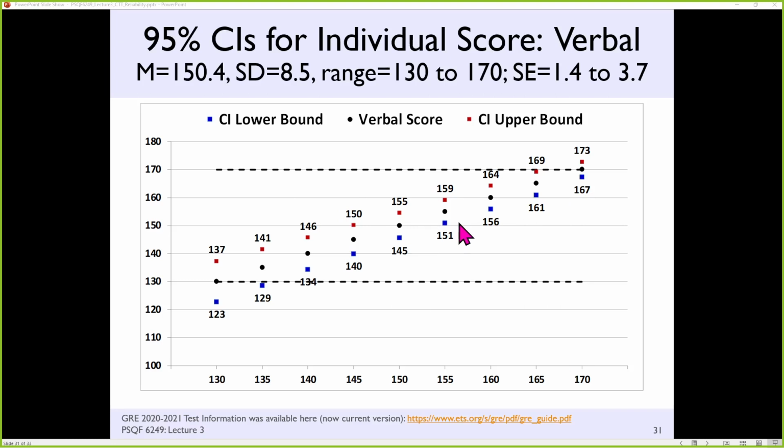Yes, sir? You mentioned measurement error is not constant, and that made me think. So my guess would be it's more precise at the low end, right? Not according to this. Okay. And I think that has to do, well, I know it has to do with the number of items that are available. So this is the idea of the construct map, right?